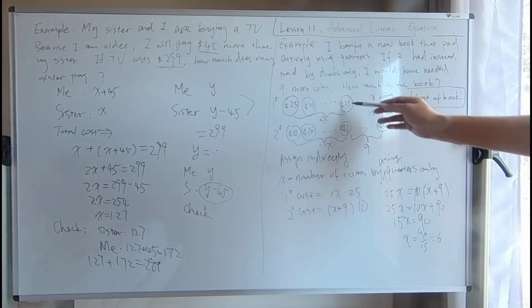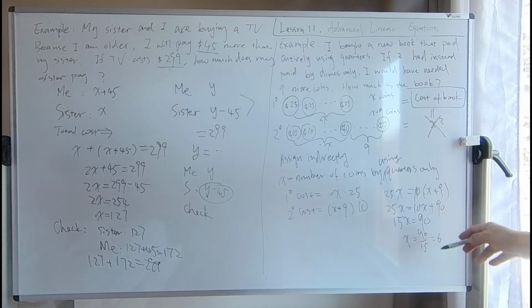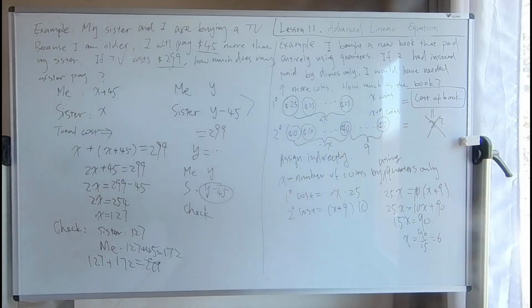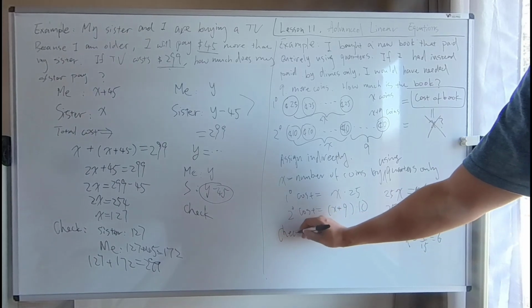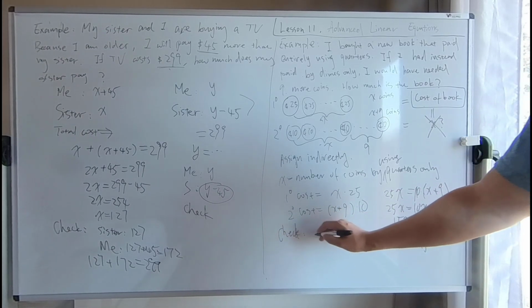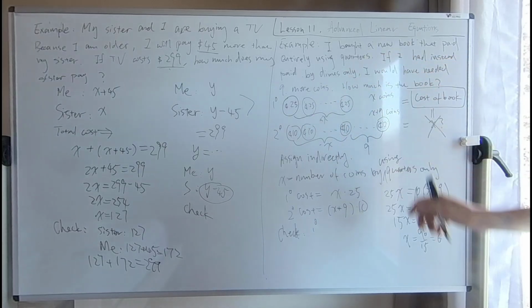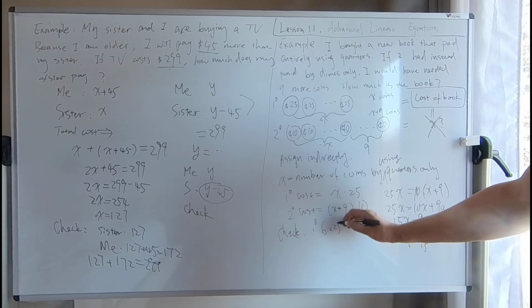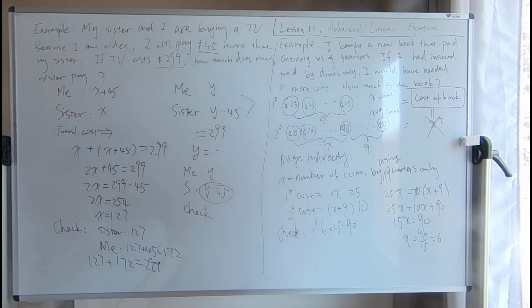Right, so I need to use 6 coins in option 1, or instead I would need 6 plus 9, which is 15 coins in option 2. And we can check that. First of all, using quarters only, I need 6 coins. Each coin values 25 cents, which means I need 150 cents for the cost of the book.